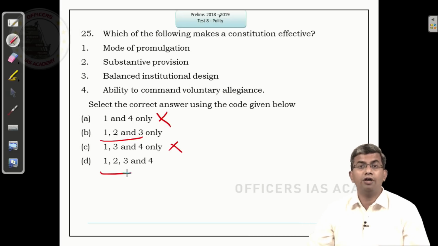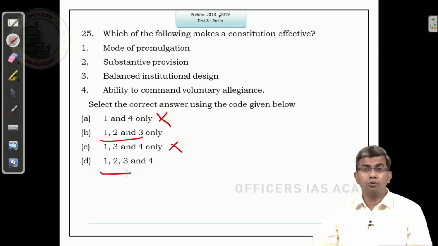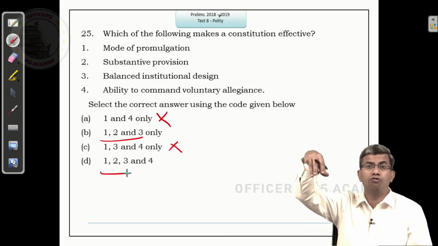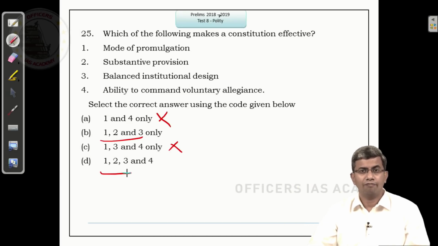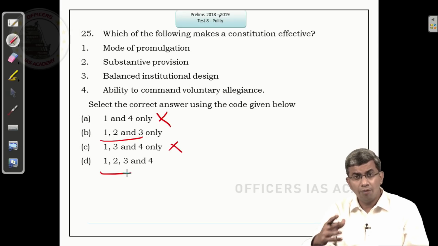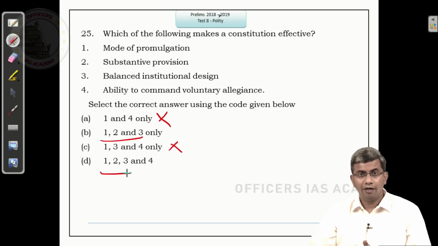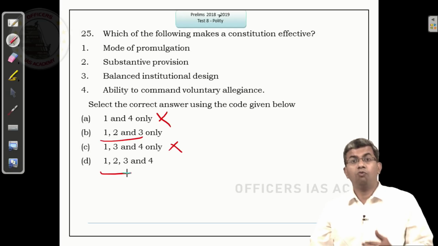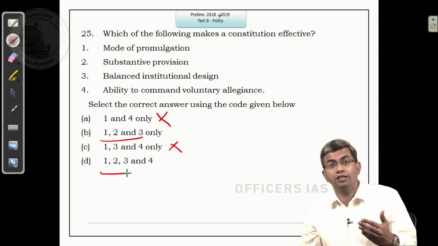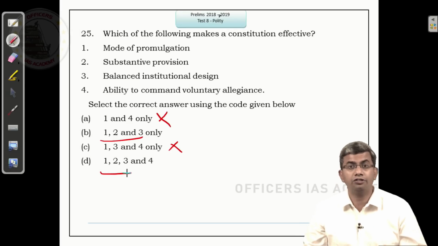Ability to command voluntary allegiance. Any constitution which is enforced through force will never survive, isn't it? Because it will not be effective. It can still be there, but it will not be effective. Only voluntary allegiance by the citizens will make a constitution effective, which is the case in a country like India.